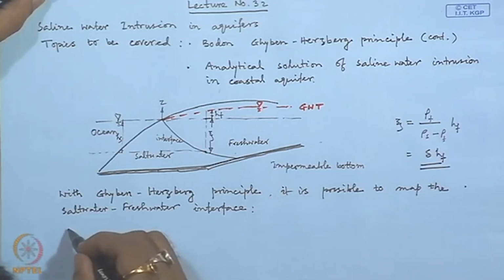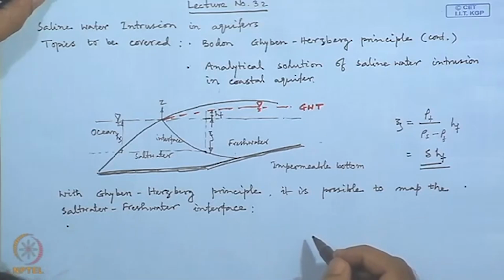So, what are the steps for identification of this saltwater freshwater interface?